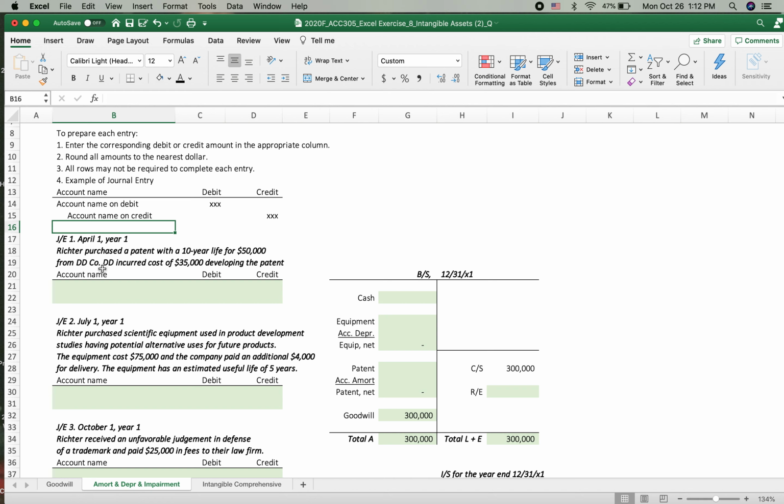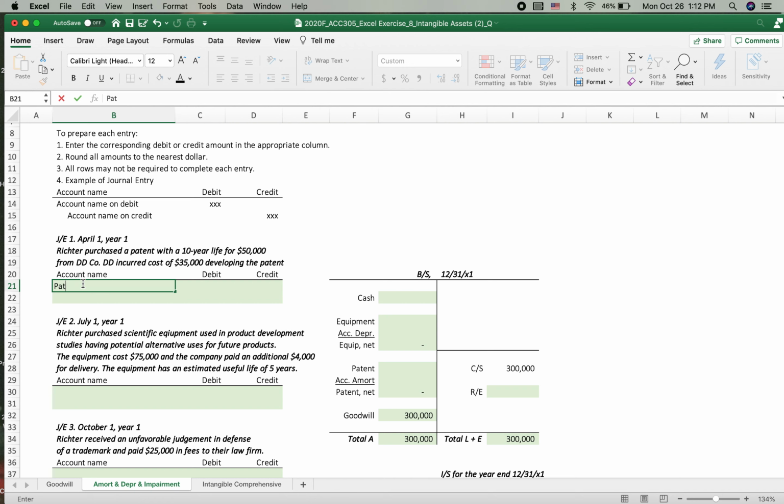Richter doesn't care about it, because when Richter records this patent at the purchase price, which is the acquisition cost, they only consider the $50,000 that they actually paid. Anyway, that is the purchase from the market.